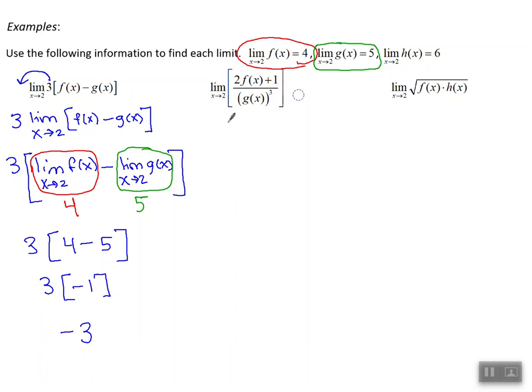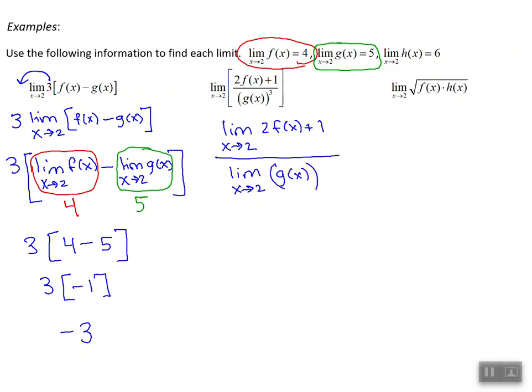We'll rewrite this as the limit as x approaches 2 of the numerator, 2 f of x plus 1, divided by the limit as x approaches 2 of the denominator, g of x cubed, making sure we keep those parentheses that show that we are cubing the function.